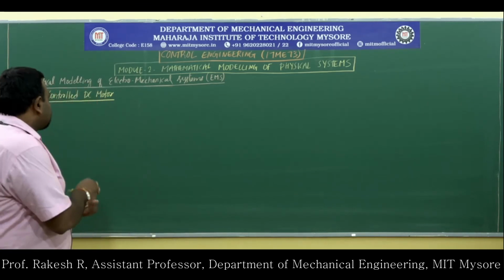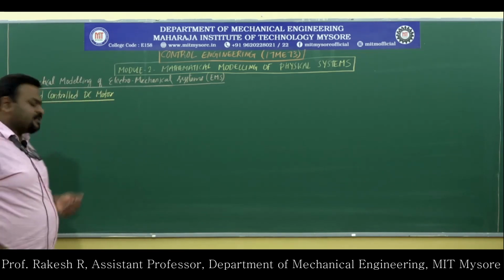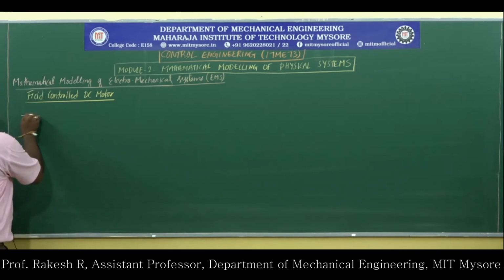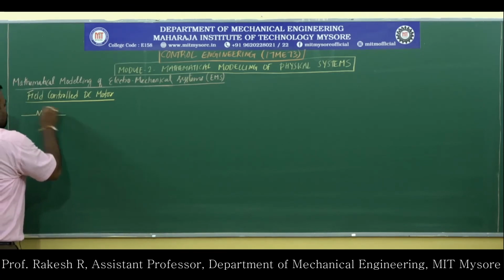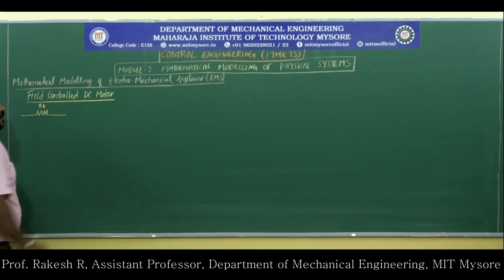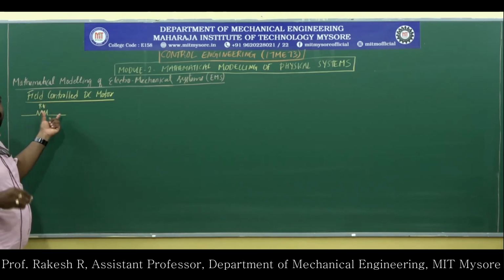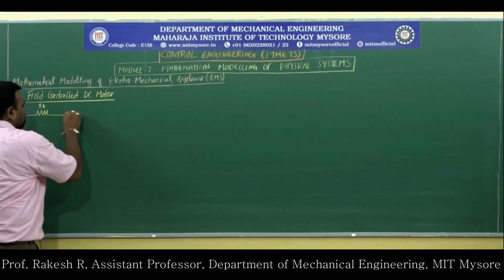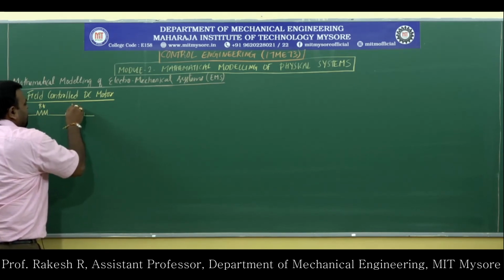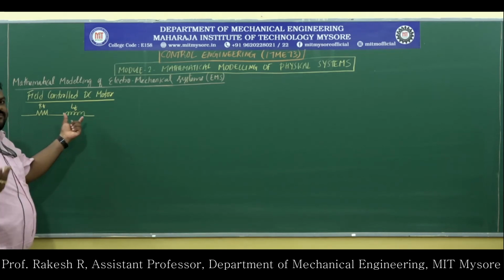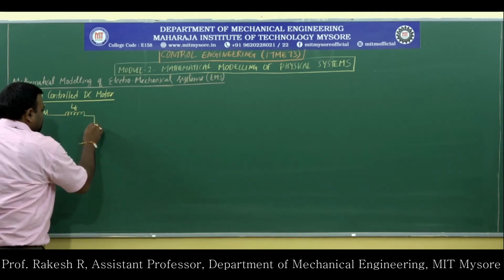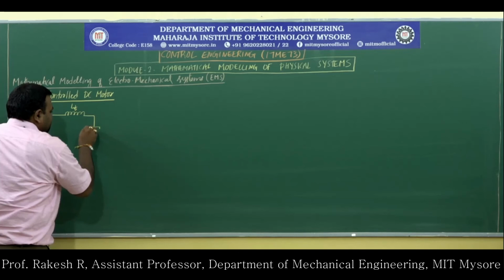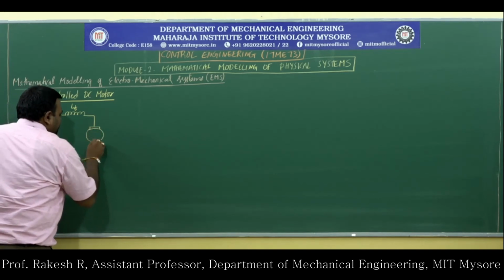So let us write the circuit of field controlled DC motor. RF is the resistance of the field circuit and LF is the inductance of the field motor, and then an armature.